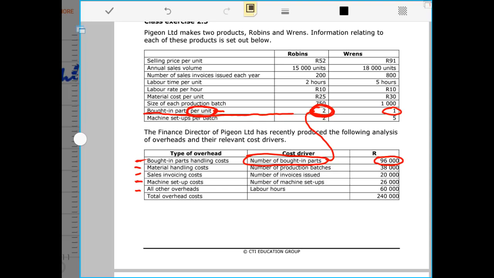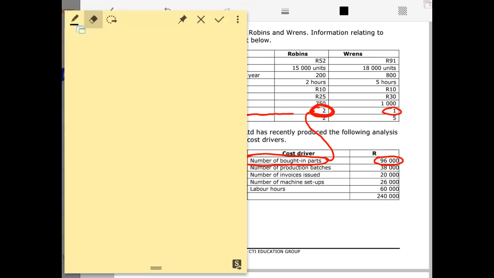But let me do the calculations for us here. We first have to calculate our bought in parts rate.